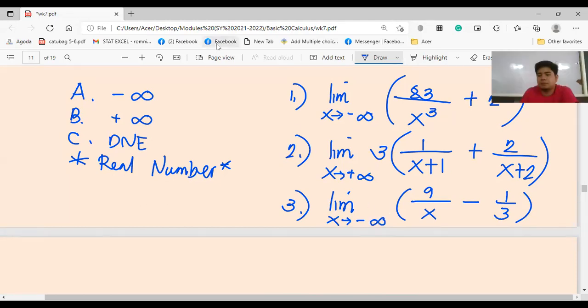So in this case, class, I'm giving you 15 seconds to find the answers of the following. You may just comment A, B, or C, no, on your answers. Or if you have a real number value, then comment that real number value as the answer. So 15 seconds starts now.